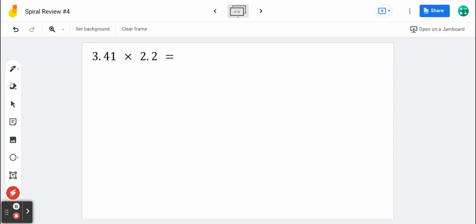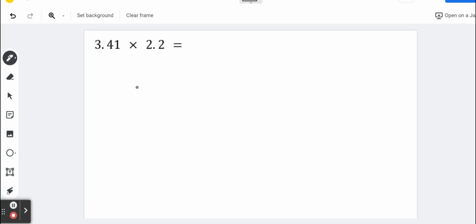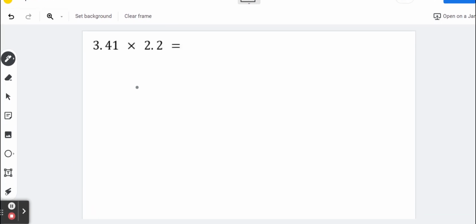All right, there's another multiplication of decimals on this spiral. I really want to emphasize that as long as you can estimate your answer, you're solid. So remember, estimate means we want to round these two numbers to their nearest whole number.